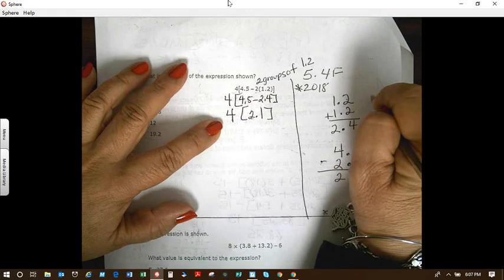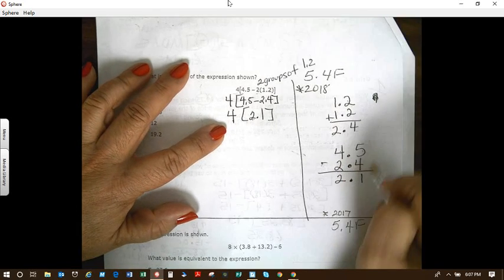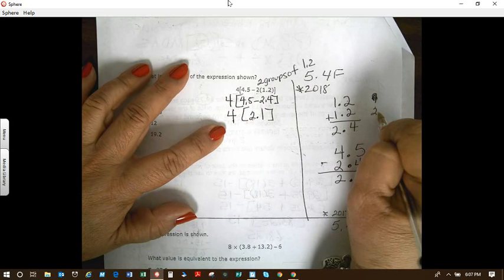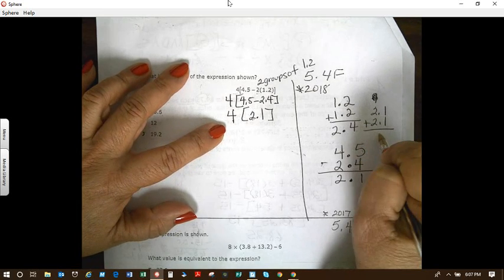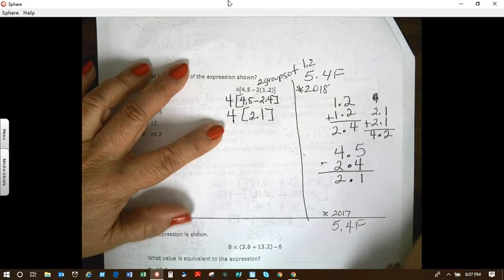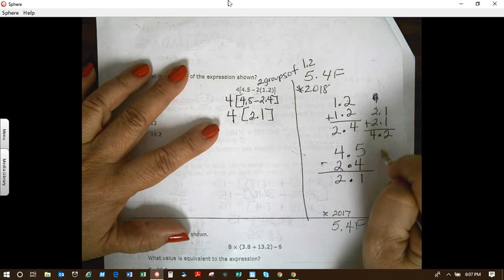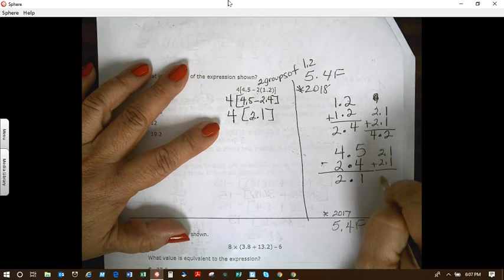So if I know what 2 and 1/10 is, and I'm adding it twice, bring down my decimal, that is 4 and 2/10. Well, if I do that again, I can add. So I'm going to just do it for those to make sure that you understand. It's 4 and 2/10.